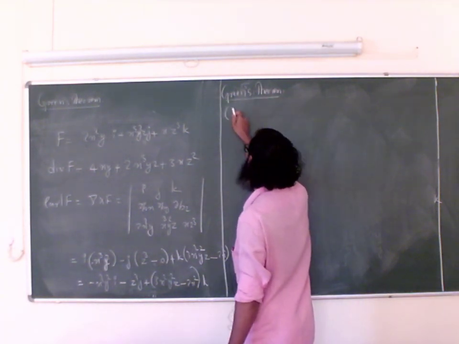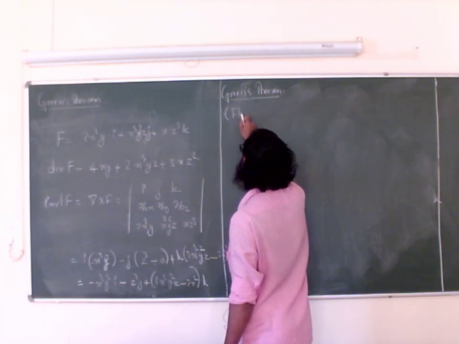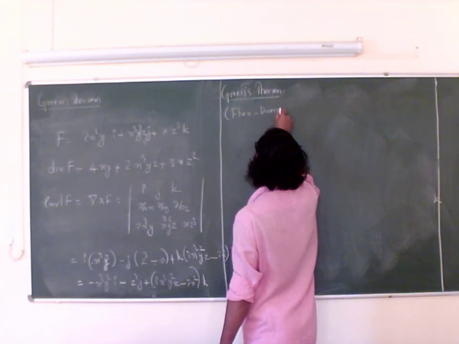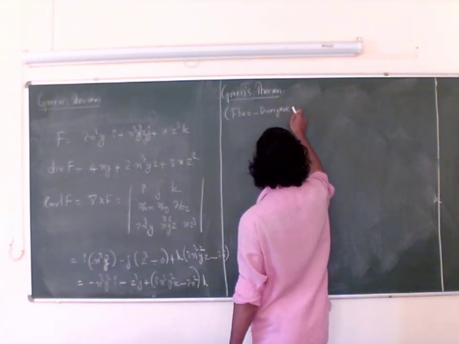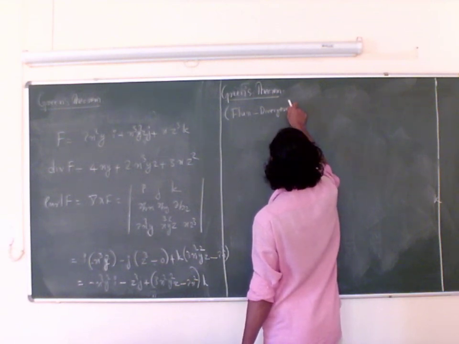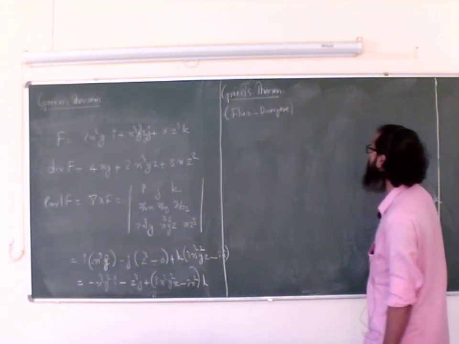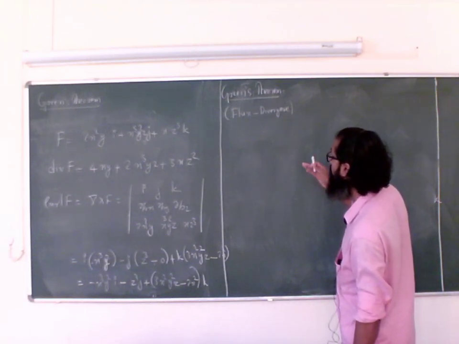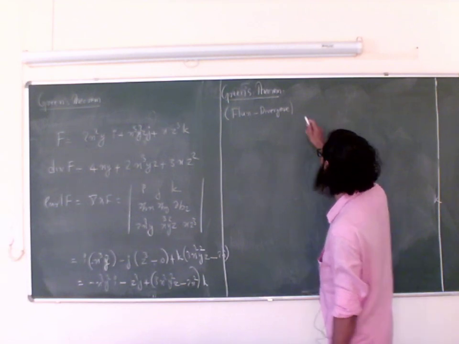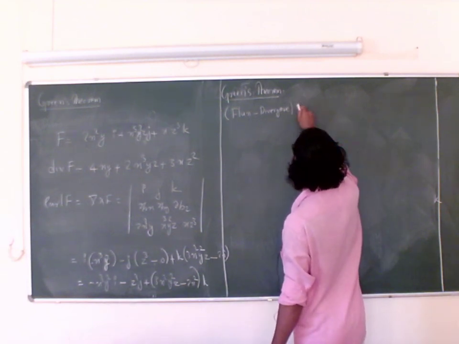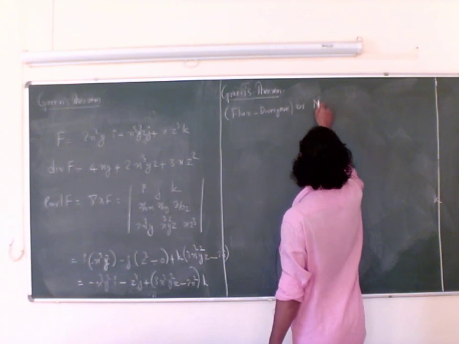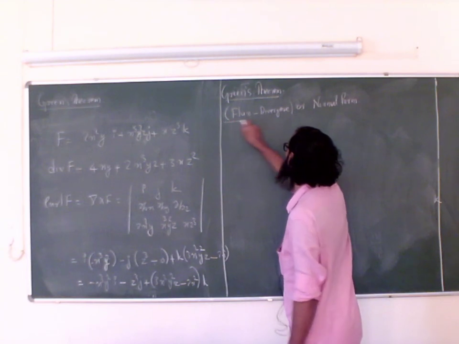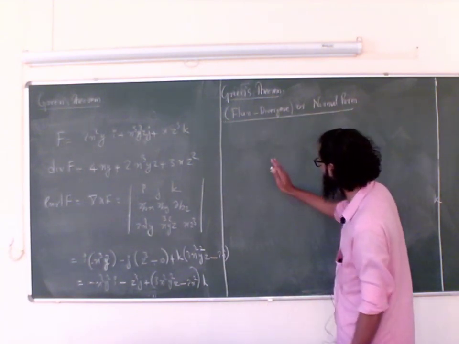You have the flux divergence form, or flux density, also called the normal form. I am not writing the entire statement.